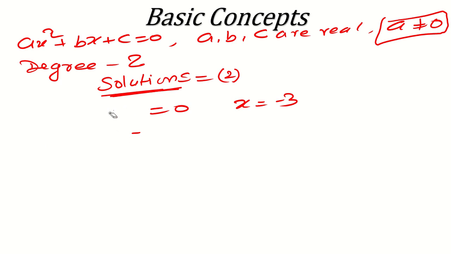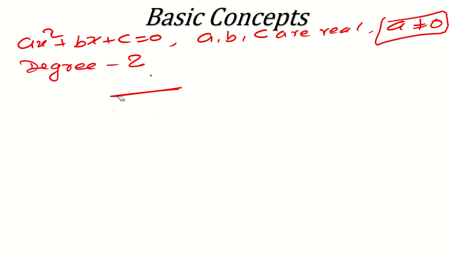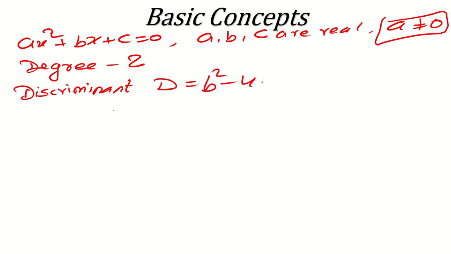In a quadratic equation there are certain conditions to find the nature of the solution. For this you must understand one word that is called discriminant. It is denoted by D, and its value is b square minus 4ac.